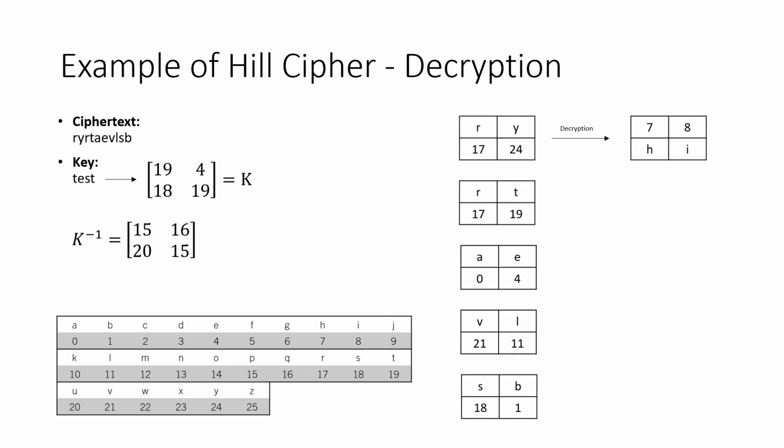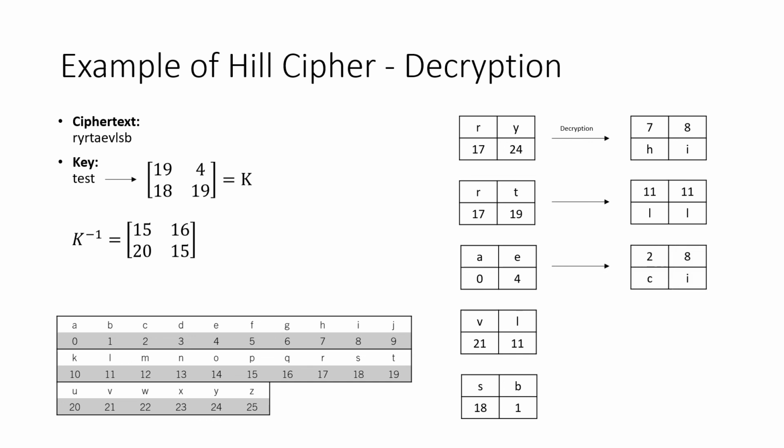So we record that in the table, and we saw that decrypting the first block, we get values 7 and 8, which correspond to letters H and I. We do the same process for the remaining blocks of our ciphertext, and we get the following values for the second block, third block, and for the 2 last blocks as well.